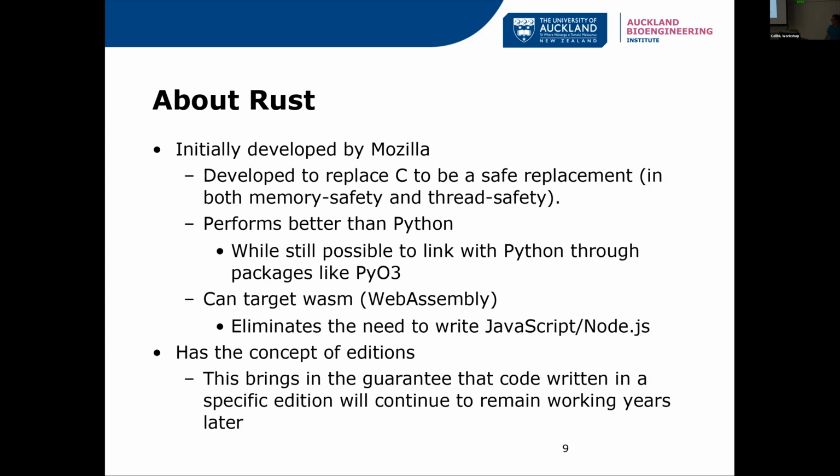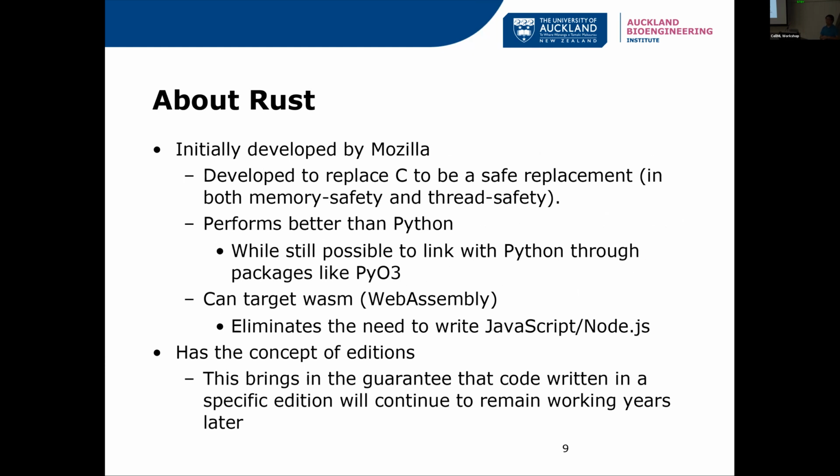And a bit about Rust. It's a language initially developed by Mozilla to make it a safe language to build Mozilla Firefox on. Because Firefox had been plagued by memory safety issues, which turn out to give you remote code exploits, which is bad. So they built a language to eliminate those problems.